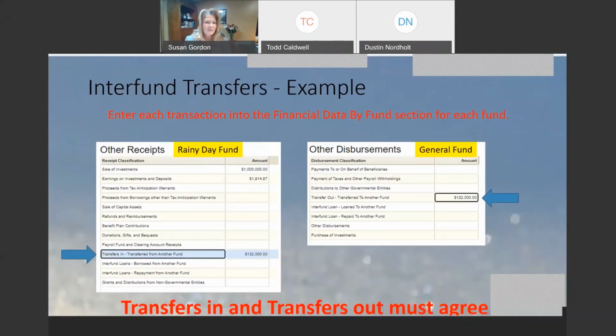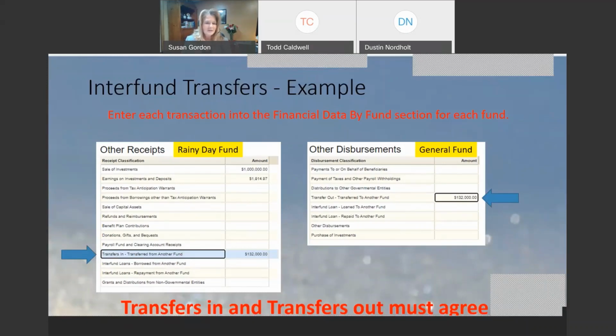So the first thing I'm going to do is go to the financial data by fund section for those funds, and I'm going to enter that information. So in other receipts for rainy day fund, you can see I have a transfer of $132,000. And in the other disbursements from the general fund, I have a transfer out of $132,000.